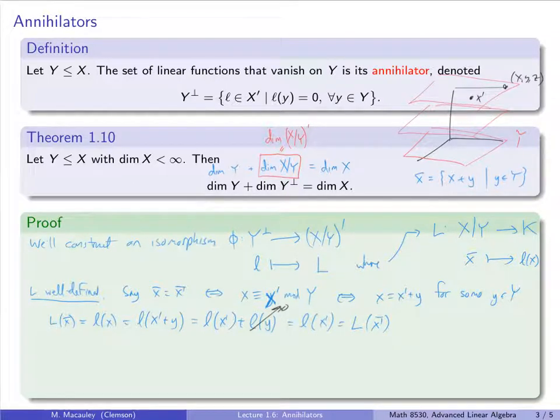Now, it's almost trivial that this thing is linear. It's one of those things that writing it down almost makes it more confusing than it has to be. Let me at least try. So phi is linear. So let's take a linear combination of things that vanish on Y. So phi of, say, AL plus BM.